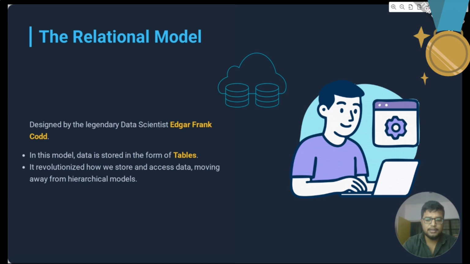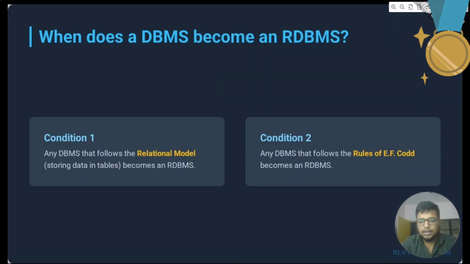Then how does a DBMS become an RDBMS? Any DBMS that follows the relational model is an RDBMS, or any DBMS that follows the rules of Codd becomes an RDBMS.